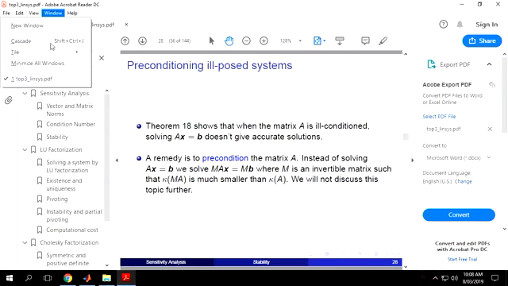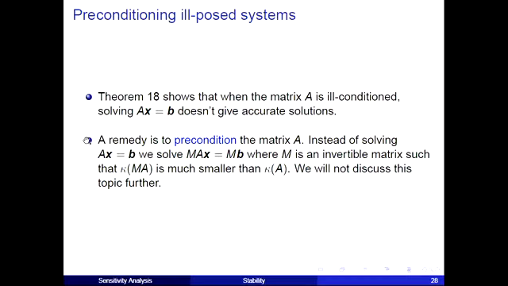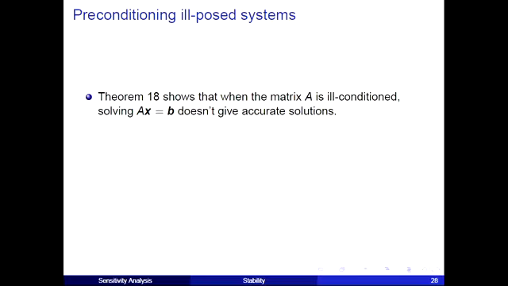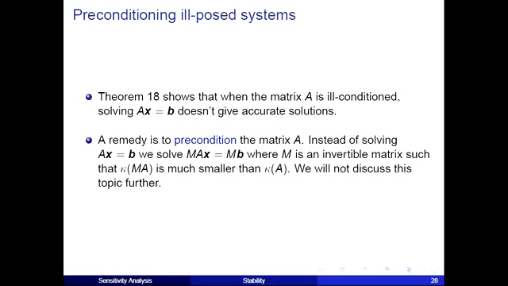Okay, so now we go back to the lectures. Last time we talked a little bit about the condition number and what the consequence is. If you have a very ill-conditioned matrix, then solving Ax = b might not give you an accurate solution. There is a way to fix that problem, and people call it preconditioning of the matrix.